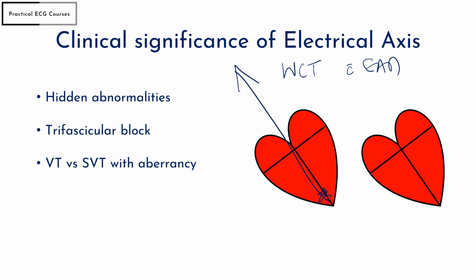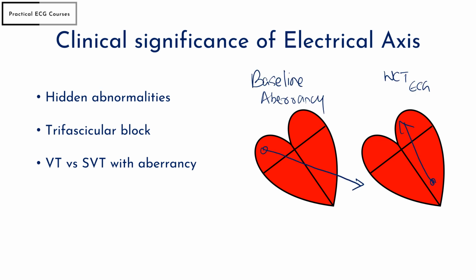I think that's self-explanatory, and I won't need to explain that. The second way to distinguish VT from SVT with aberrancy is if a patient has a wide complex tachycardia during which the axis is shifted by more than 40 degrees from the baseline sinus rhythm, then that is also suggestive of VT. Now that might seem a little bit confusing, so let me explain that.